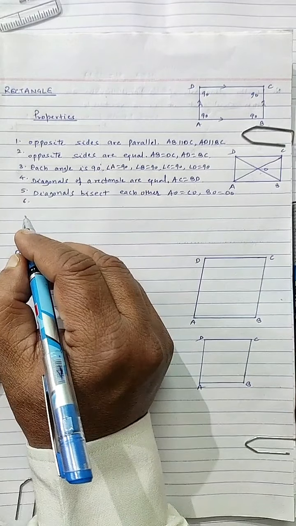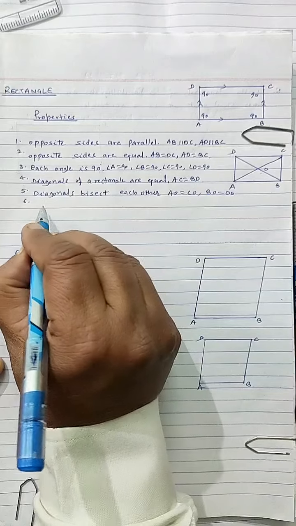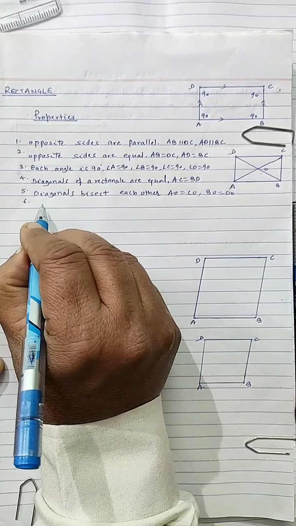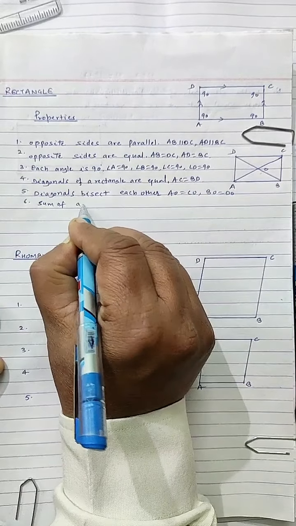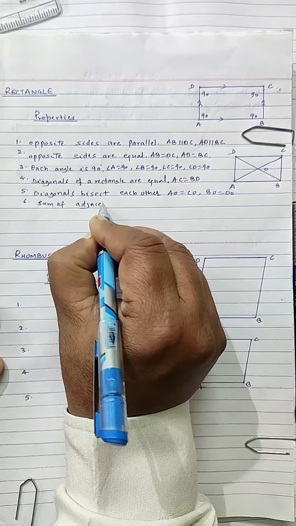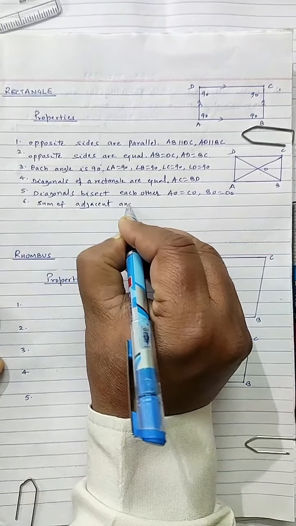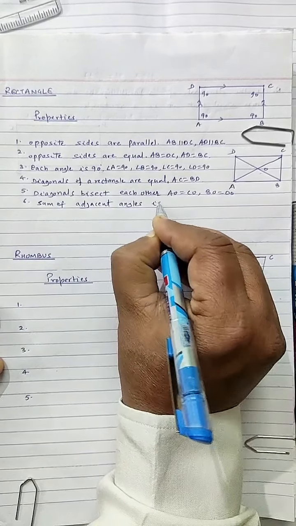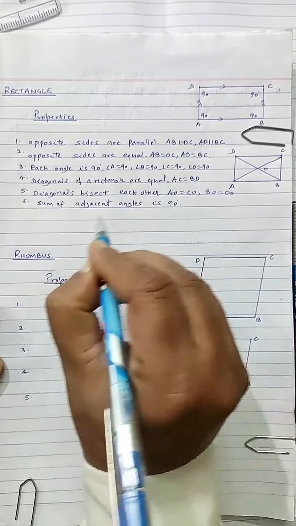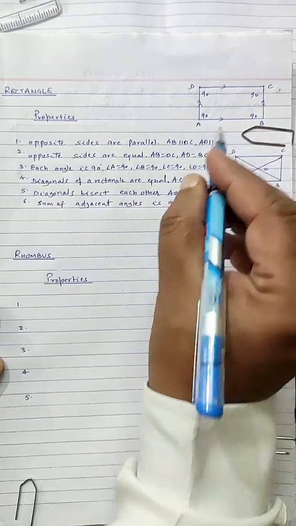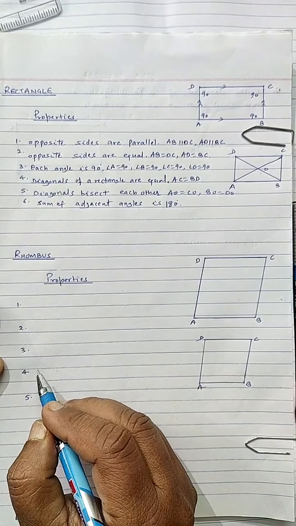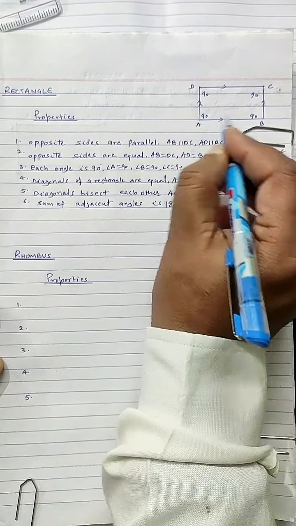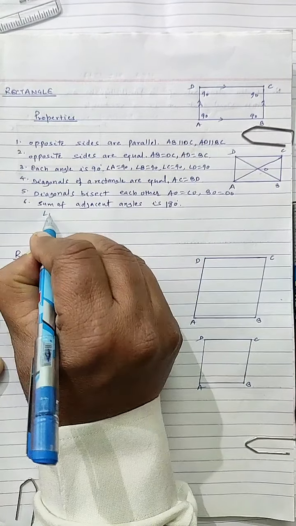One more property, sum of adjacent angles is 90 degree. That is angle A, not 90, sorry, sum of adjacent angles is 180 degree.